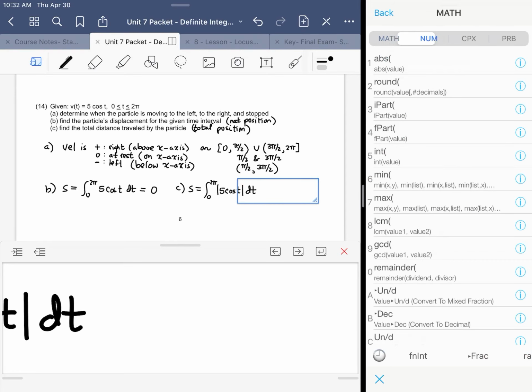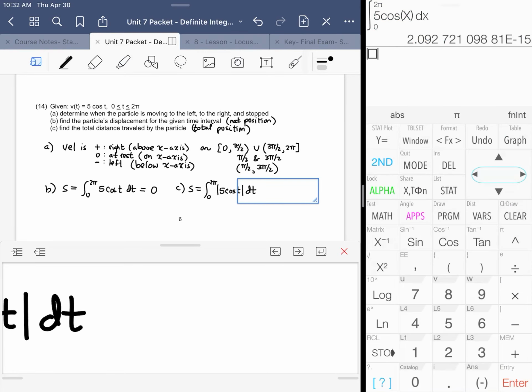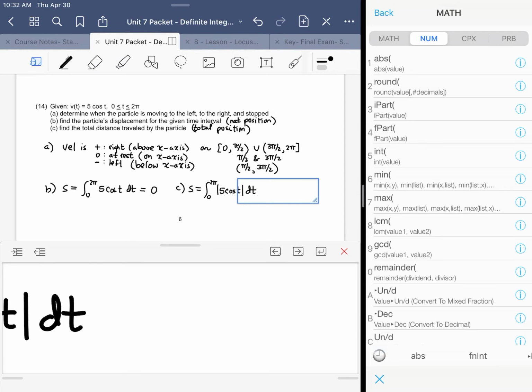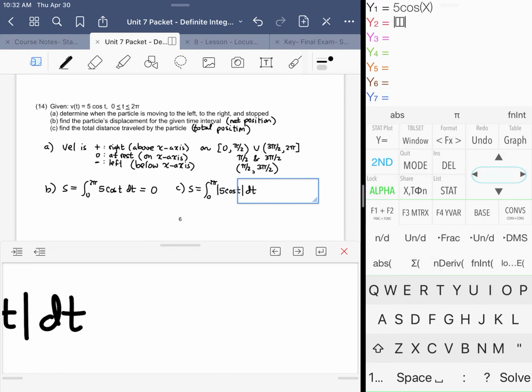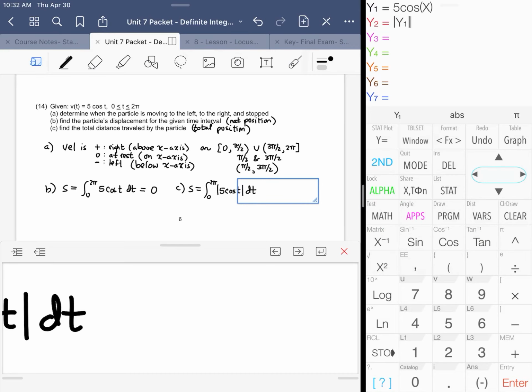All right. So alpha window on your calculators, I have to do it a different way. Math NUM absolute value. That's actually the same way also on your calculator. If you don't remember the shortcuts, it's in the math menu, the NUM, it's option 1.